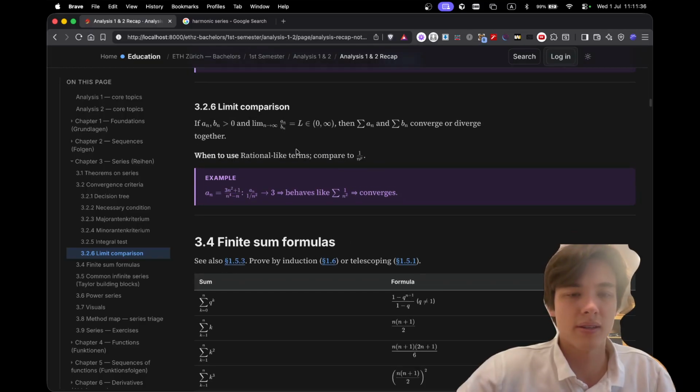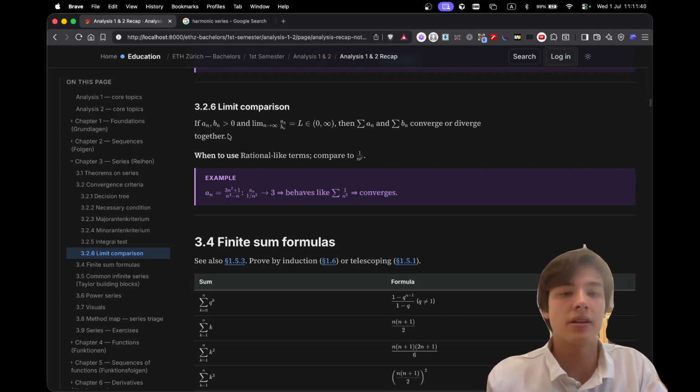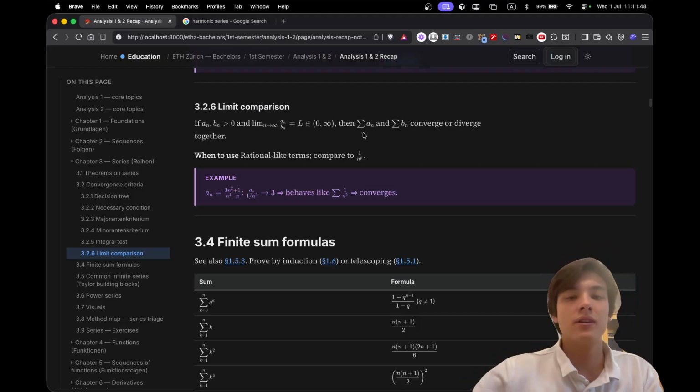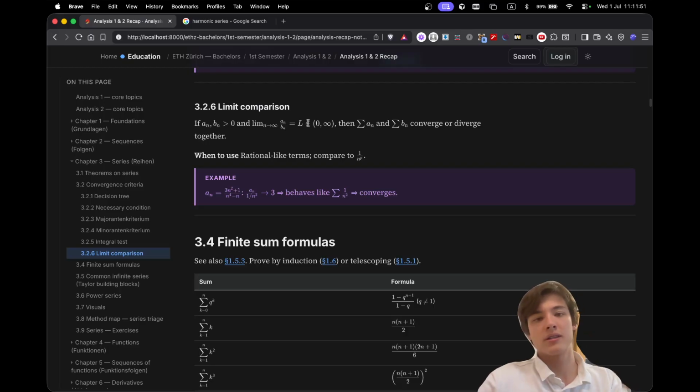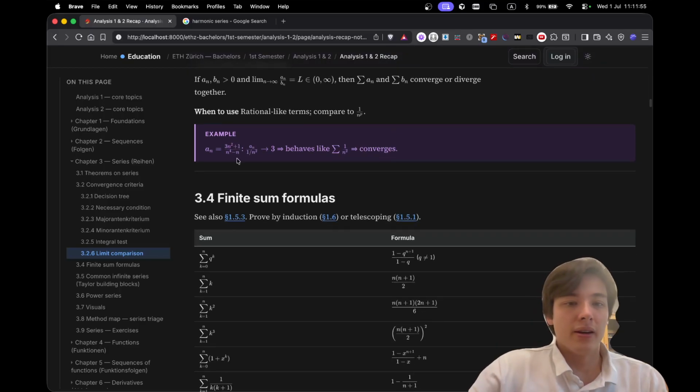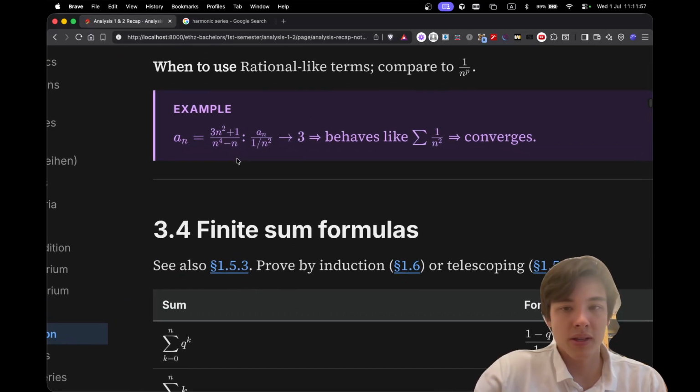What is this again? Limit comparison: if a and b are greater than 0 and the limit of the ratio equals a number, then a and b converge or diverge together, so they're just apart by a factor. What will be here?